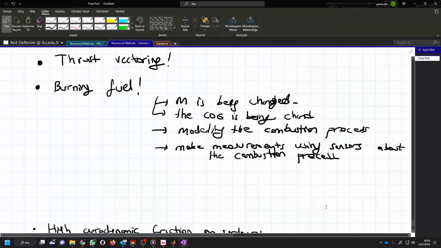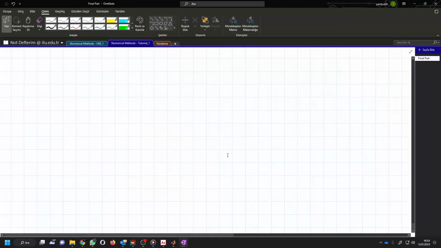Let's say our final words. By numerical methods, we can add more complexity to our models to make them more realistic, such as adding aerodynamic effects into a free fall problem.